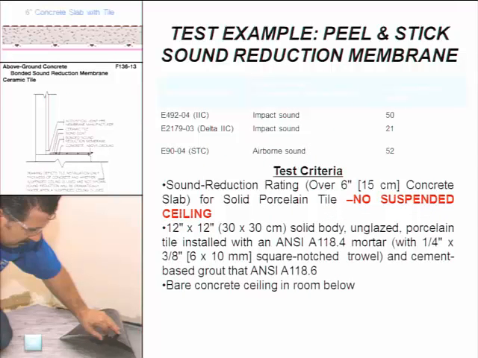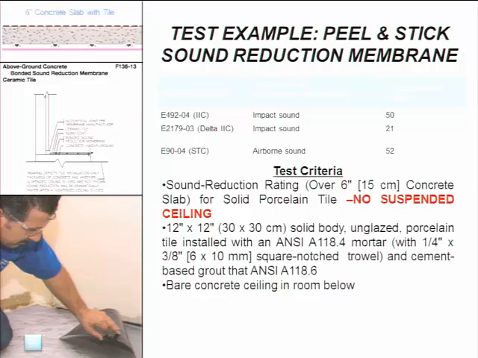This is just a typical test report that I wanted to use as an example, a peel and stick membrane. If you look at the impact of this, it's on a 6-inch concrete slab with no ceiling assembly, and the rating for this particular one is at 50 IIC, a delta of 21, and an SPC of 52.